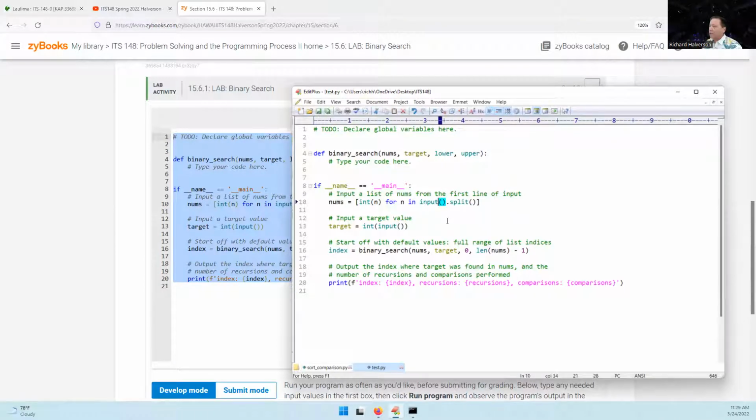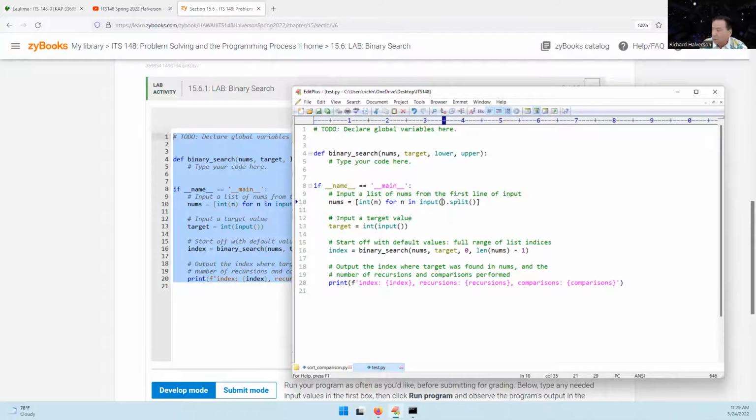Okay, so this asks for a list of numbers. I think it's got to be sorted, right? Doesn't say it has to be sorted, but I'm supposed to record the number of recursions.